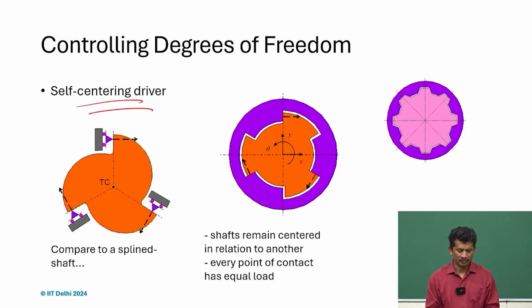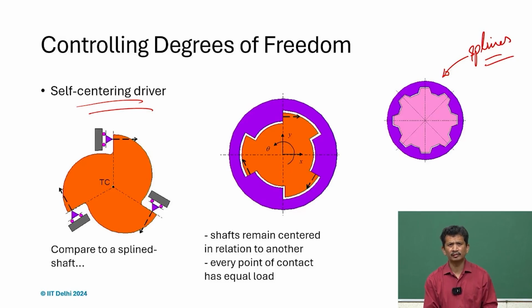Many times we use a lot of splines, not 1, 2, 3, but many of them, and we assume or believe that it will be self-centered. But if we look at it closely, we realize that it's random, and there are many surfaces, but at a time how many will really come in contact?